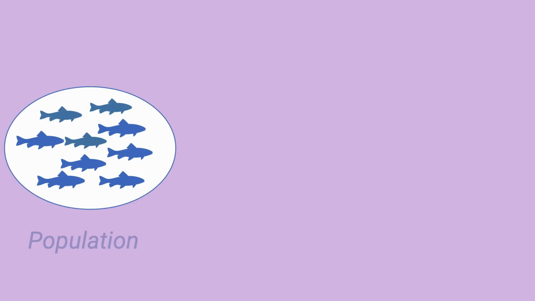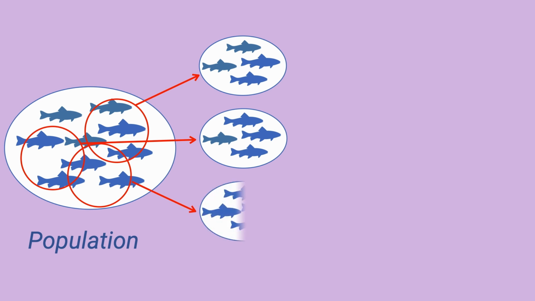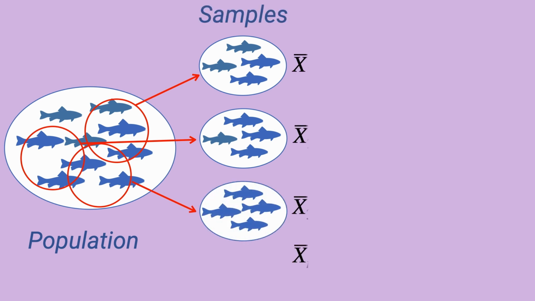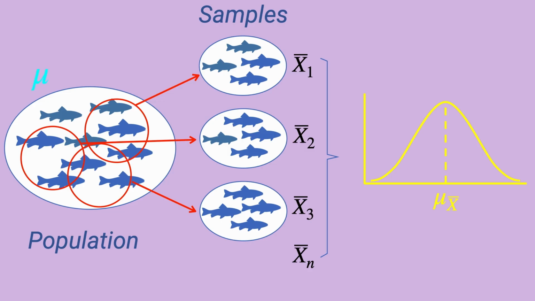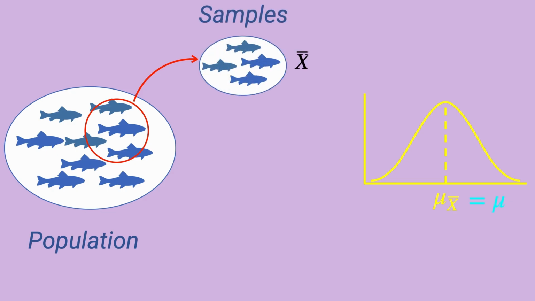So, if we collect many fish samples with a suitable sample size, we'll have a sampling distribution of the mean, and this distribution is normal. And the mean of this distribution is the mean of the population. However, in real life, we do not collect many samples to estimate the fish weight, but we often collect only one sample.